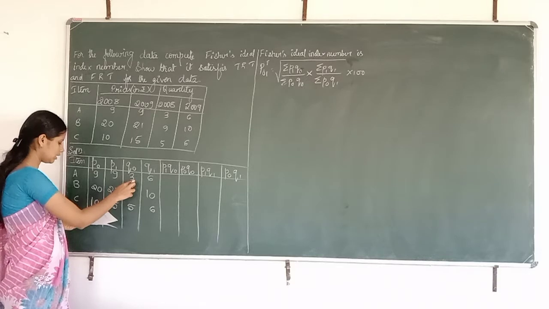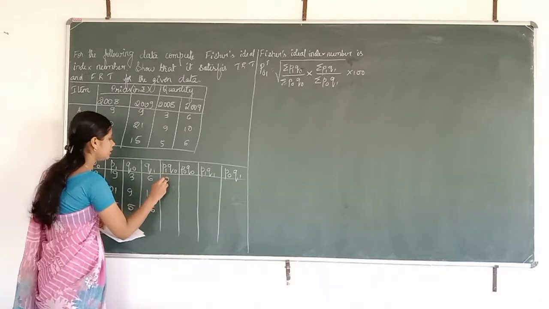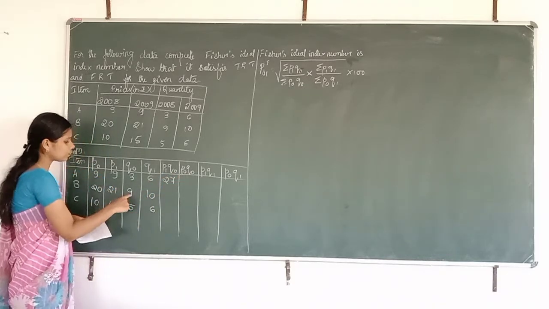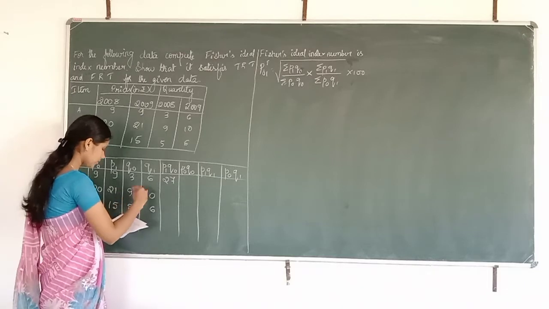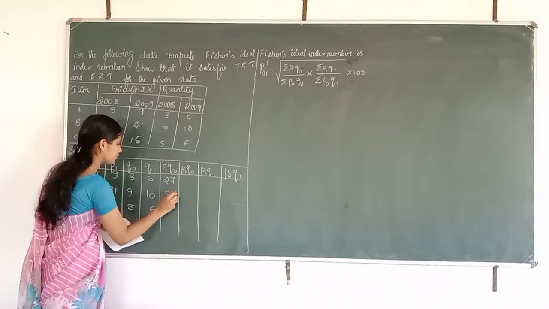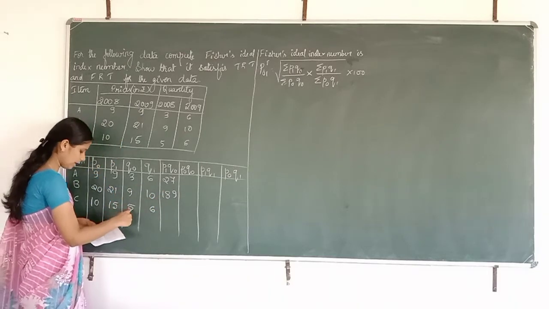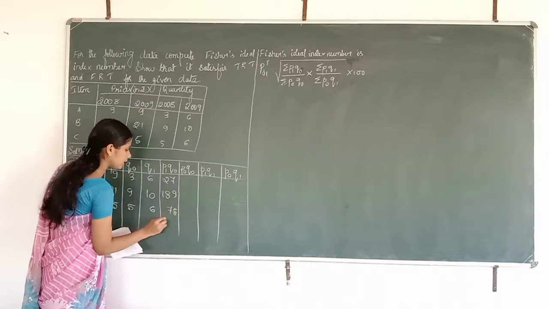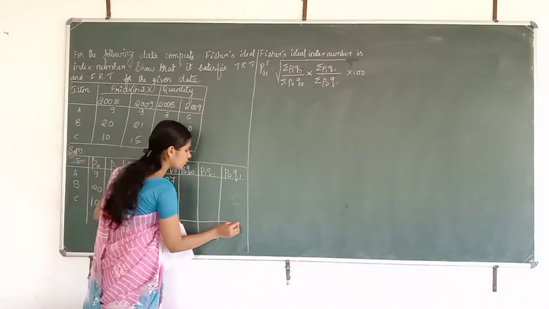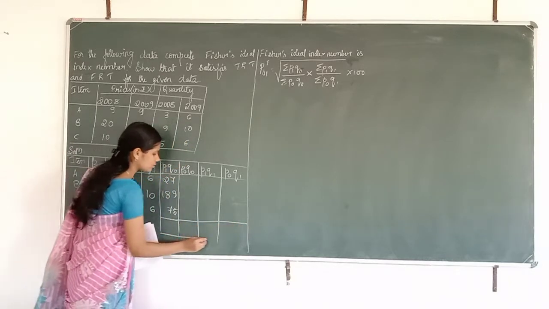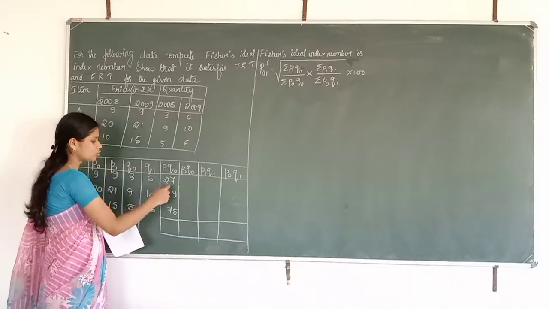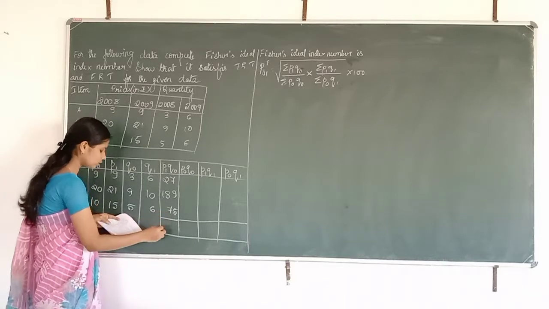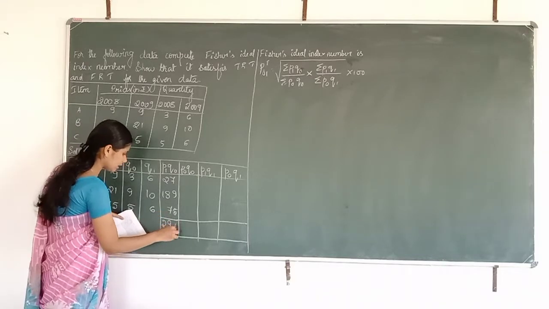So 9 3s are 27. 21 into 9, it is 189. 15 into 5, it is 75. Now we have to make the total because we need summation of all these values. So make the total. When you make the total comes to 291.